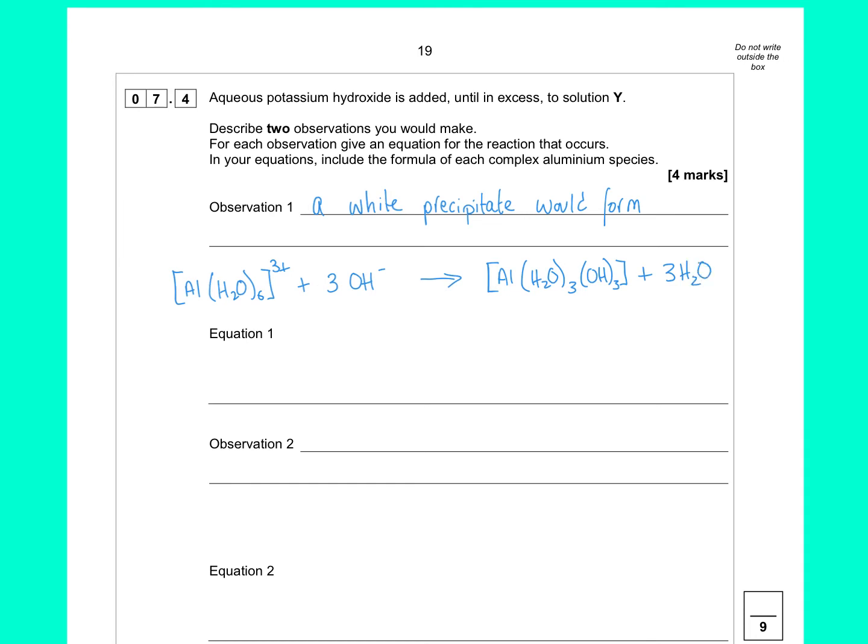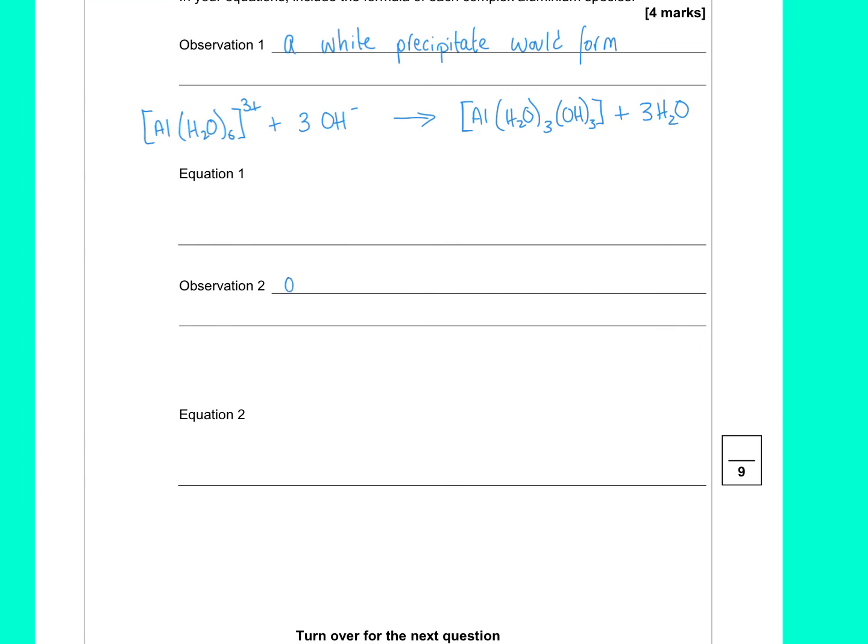Okay, but if we then continue to add the hydroxide, I've written that equation in the wrong place. If we add further hydroxide, then the precipitate would dissolve because this neutral complex with the 3 hydroxides and the 3 waters is then able to react further with more hydroxide and become negatively charged.